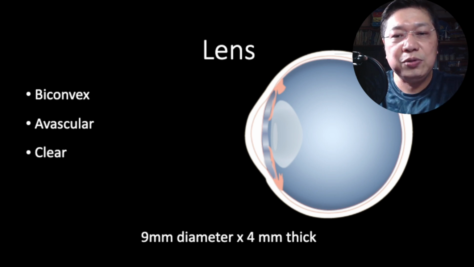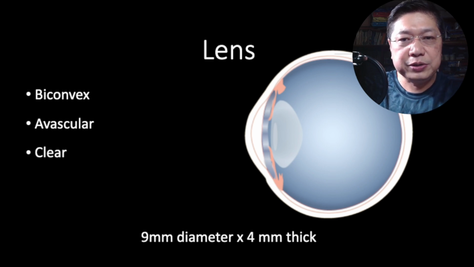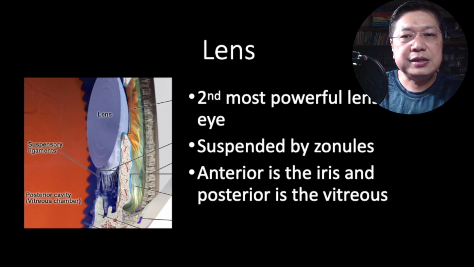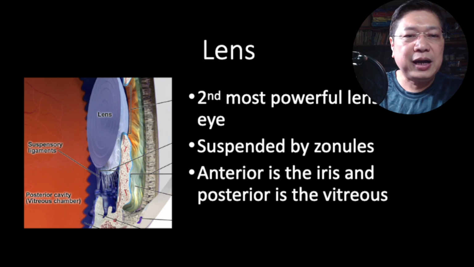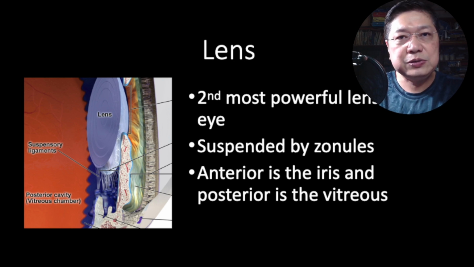It accumulates inside, and it's smaller when you're younger, and it's larger when you're older. It's the second most powerful lens in the eye. The first is actually the cornea. It's suspended by zonules, and the anterior part is the iris, and behind it, it's the vitreous.